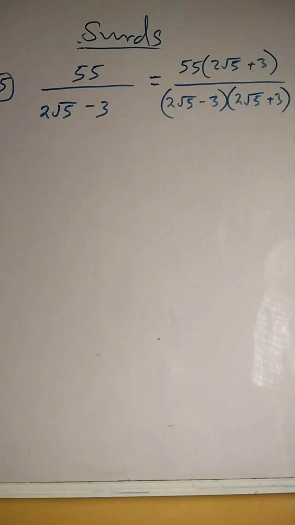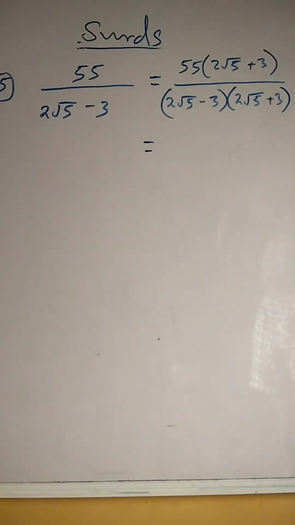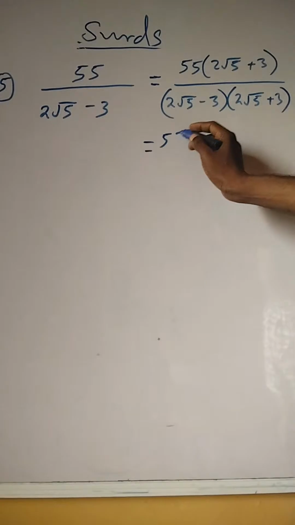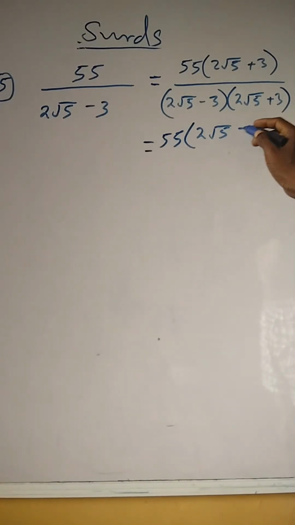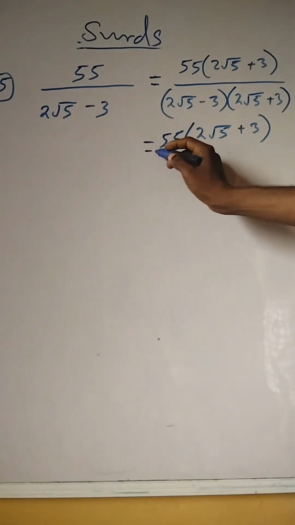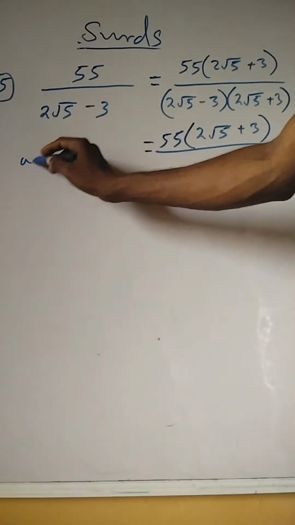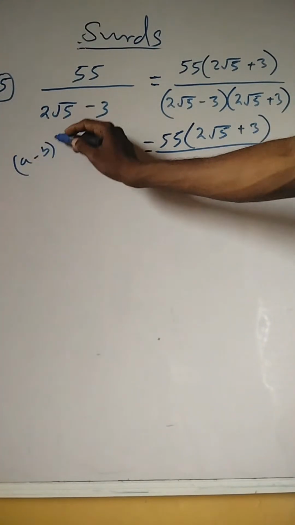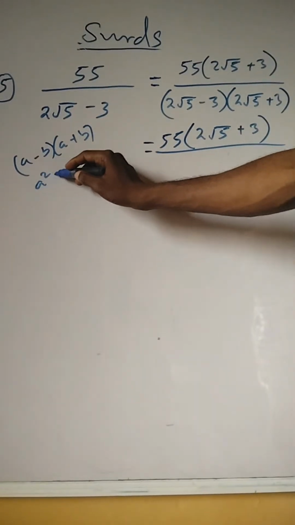Then what we have now is to expand. And from what we have up here, 55 is just a constant. So we can still maintain it out as 55 into bracket 2 root 5 plus 3. Then divided by, this also follows the difference of two squares. That is, when we have a minus b into brackets, open brackets, a plus b, we can write this as a square minus b square.